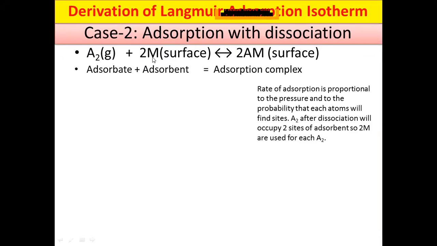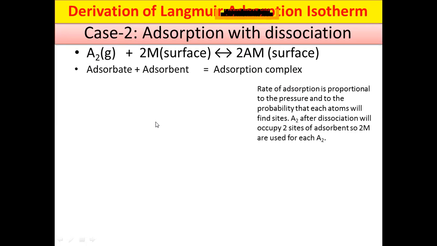In the previous case there was only one molecule of the adsorbate, and only one adsorption complex was formed, because one site was available to adsorb one adsorbate. So that's why one adsorption complex was formed.